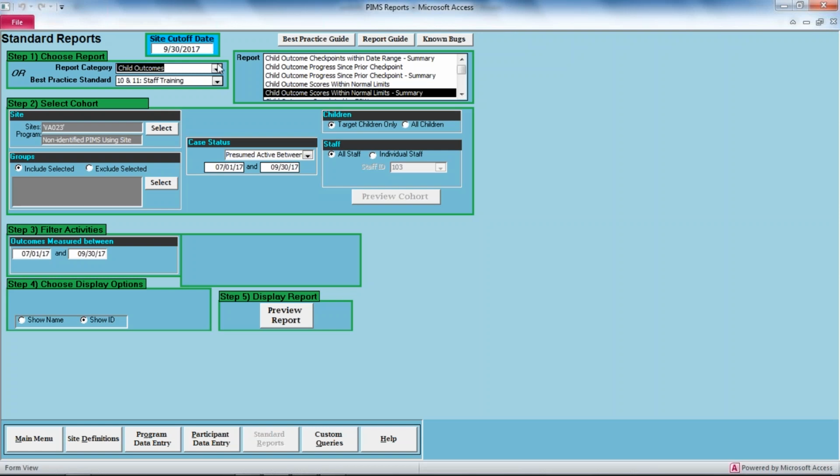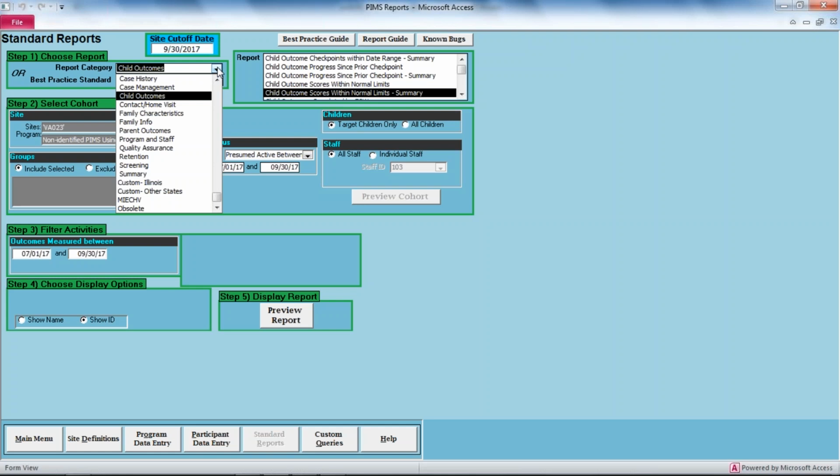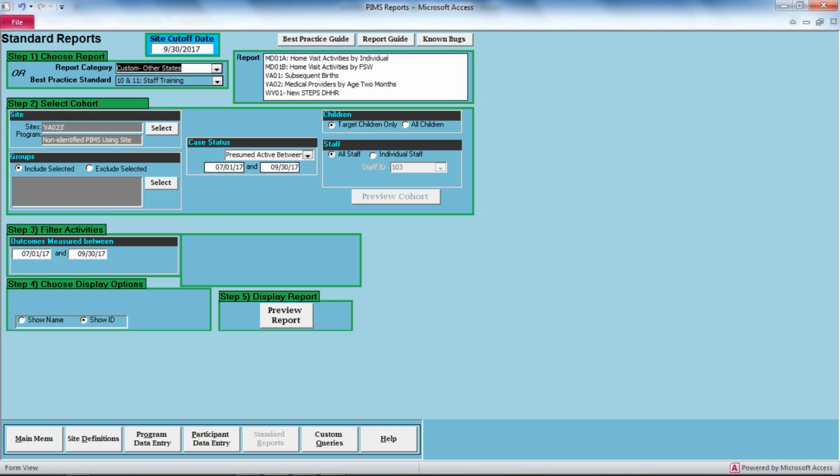Okay, so the first thing that we want to look at the report for is medical providers by age 2 months. And that one is one that Rob worked on late and will still be working to improve. So it's kind of buried.